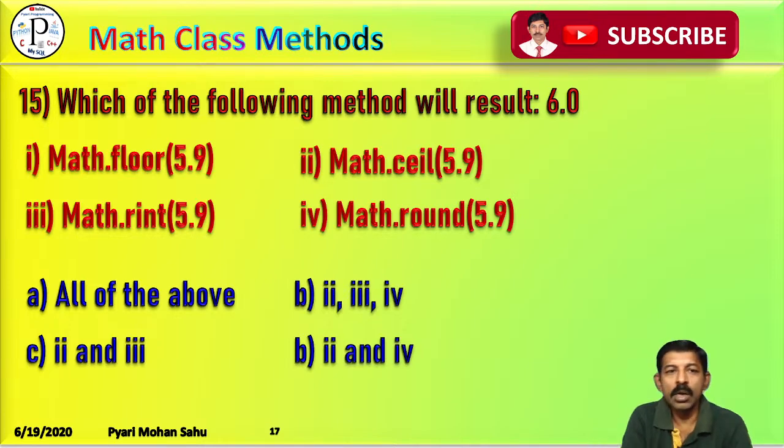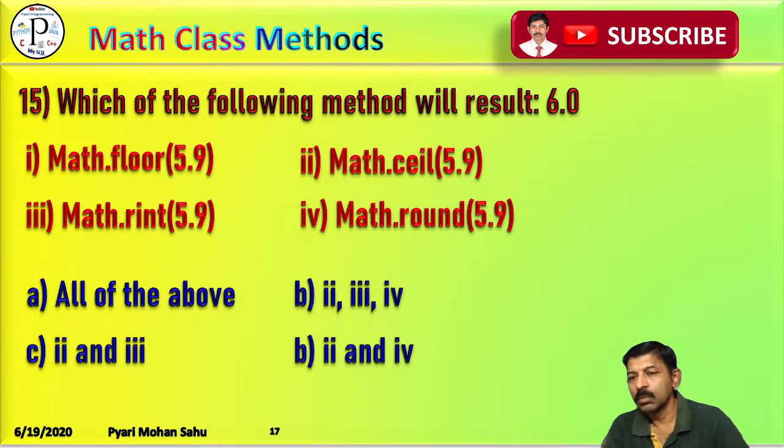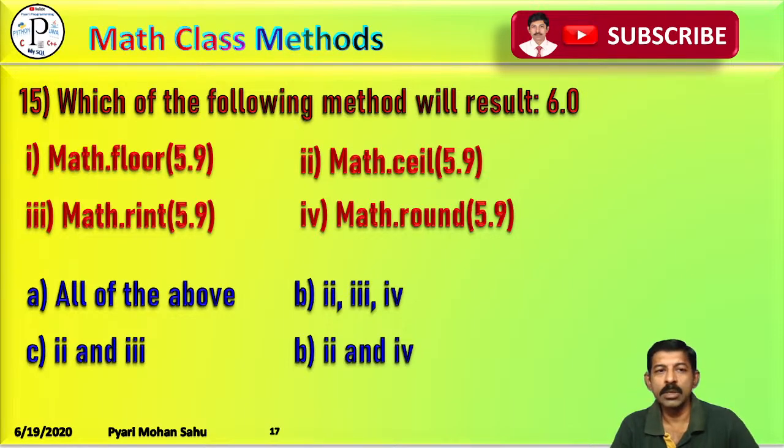Okay, one answer is D, 2 and 4. Rint will not give 2 and 4, Ayushman. We just saw rint of 5.9. Ayushman says C.